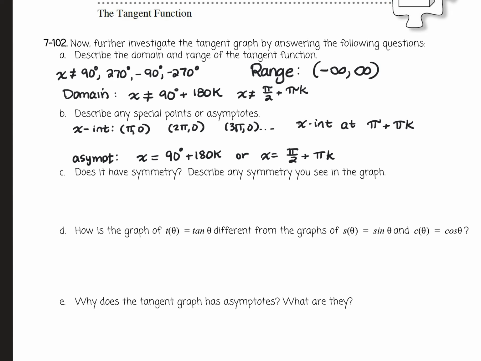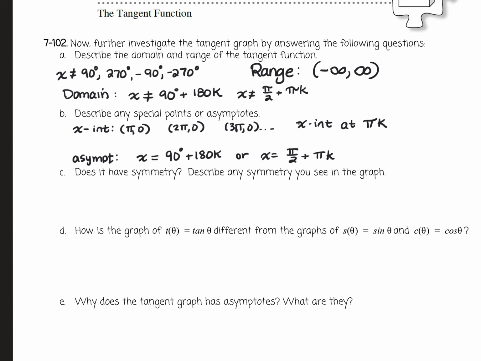Depending on how you want to write that, it's just any multiple of pi. And really, we could have just written that as x-intercepts are at pi times k, and k can be anything. K can be a positive or a negative number, and that'll make sure that we include our intercepts that are less than 0.